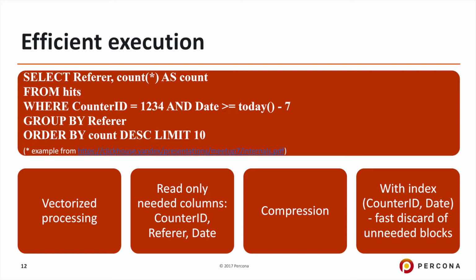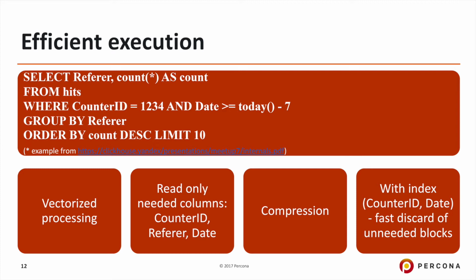So this query will be executed very efficiently by deploying strategies I mentioned first: vectorized processing, data handled in arrays and batches. ClickHouse will read only columns you need, in this case, only counter ID, referer, and date. And if your table has more columns, ClickHouse will not touch them.